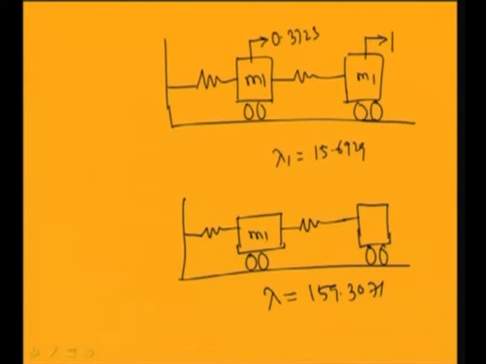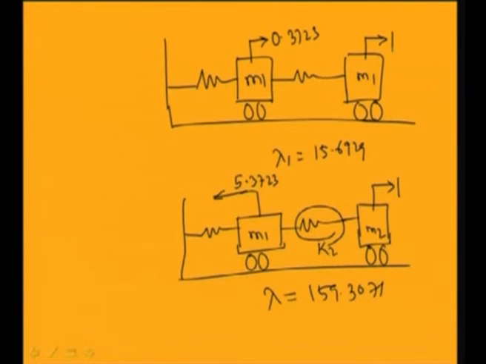This is mass m1, this is mass m2. For unit displacement of mass m2, m1 will move in the opposite direction with a magnitude of 5.3723. In this case the spring K2 will be under tension.